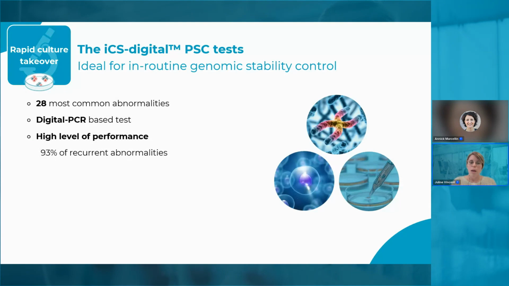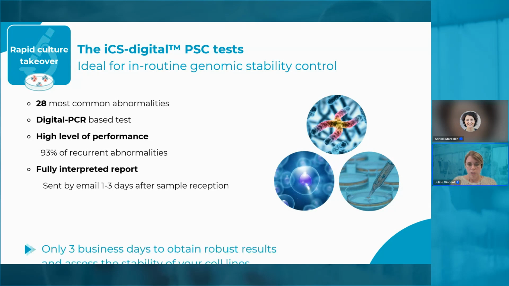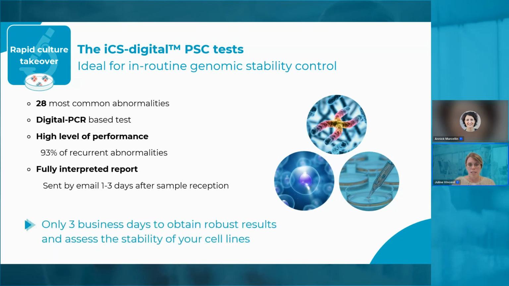Its multiplex capabilities and ease of use make it possible to deliver robust results in 1 to 3 days after sample reception. So in 3 days only, you can assess the genomic stability of your cell line.